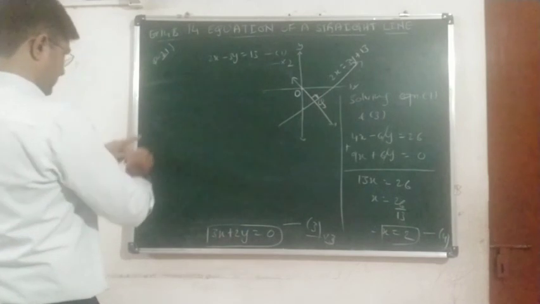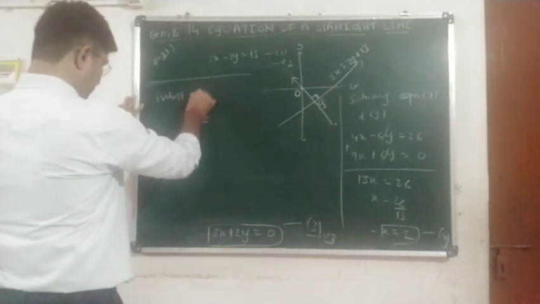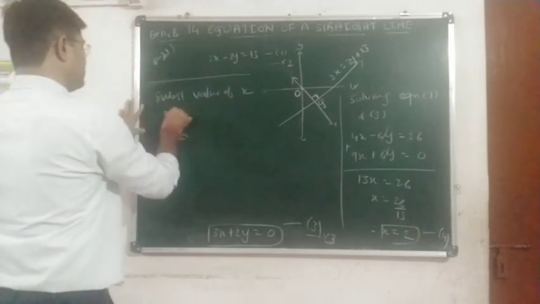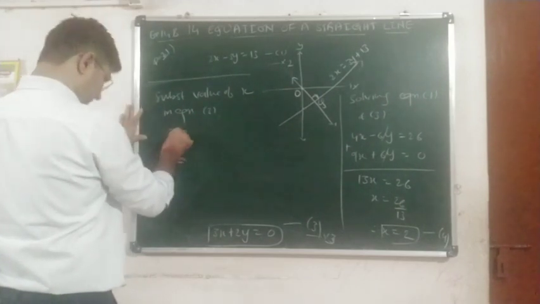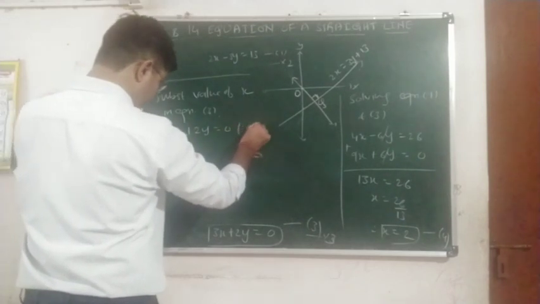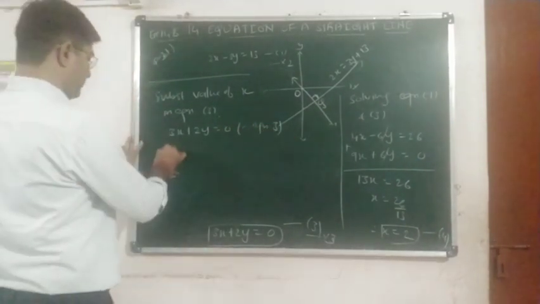Now substituting the value of x in equation 3. What is equation 3? 3x plus 2y is equal to 0. Now for x we put 2.